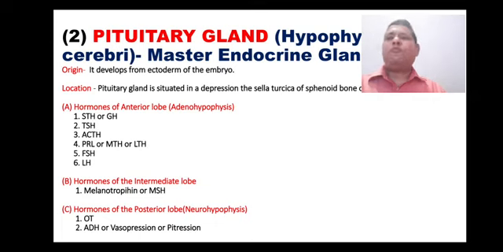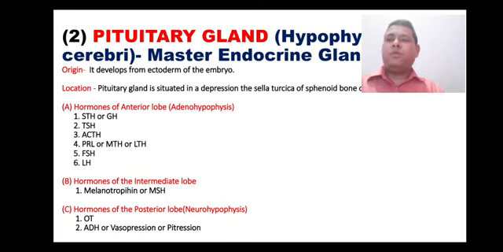The name luteotropic hormone, LTH, refers to the fact that it stimulates the corpus luteum of the ovary to secrete progesterone. Target cells: the mammary glands.